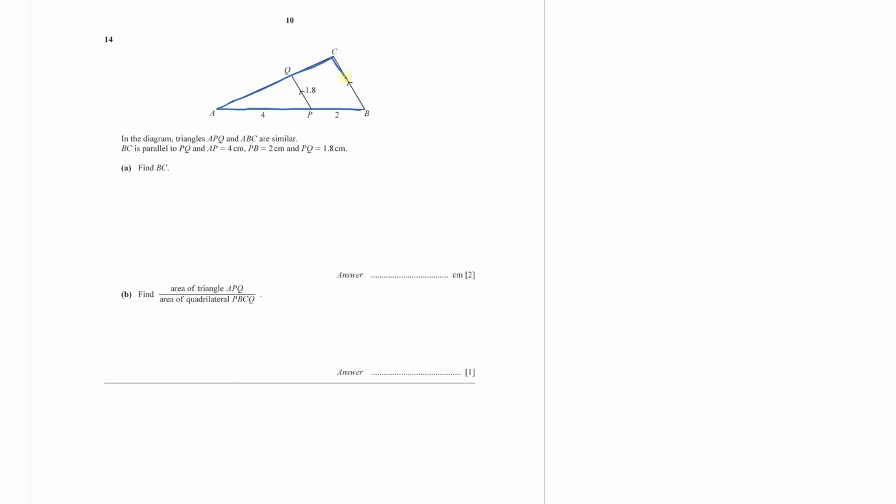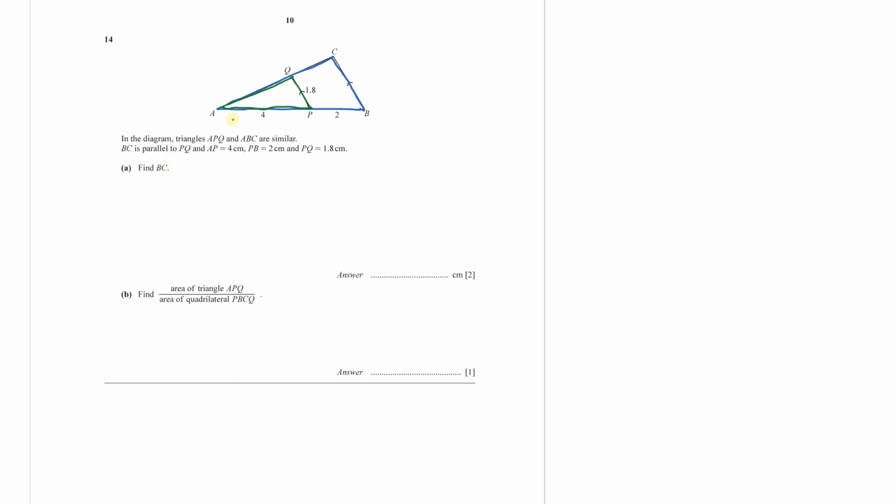So this triangle ABC, and this one here in green, these two are similar. So to find BC, I can use the property that the ratio of the lengths of two similar triangles is the same.